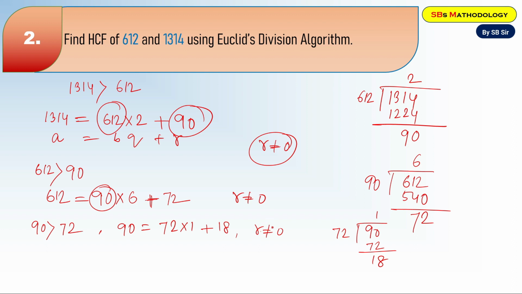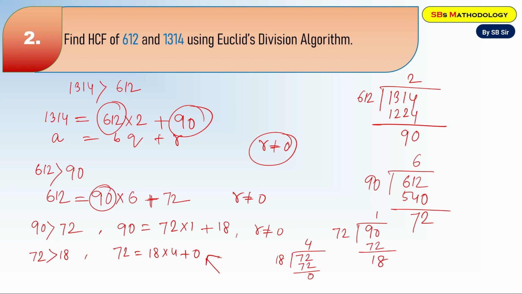Apply the division algorithm for the remainder, that is 18, and the divisor, that is 72. Now you can understand that 72 is greater than 18. So we have to divide 72 by 18. 18 fours are 72 and the remainder is 0. So we can write 72 as 18 times 4 plus 0.